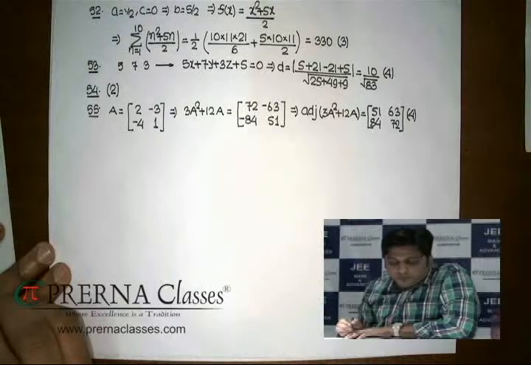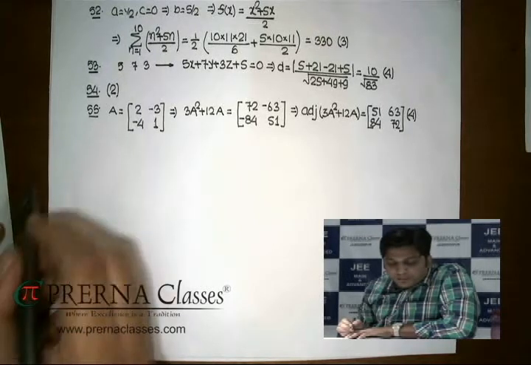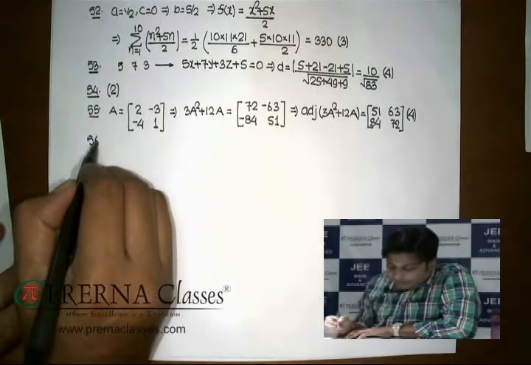56th question, connected to a hyperbola which passes through the point root 2 comma root 3, with foci given at plus minus 2 comma 0. The tangent to this hyperbola at P passes through which of the given points?